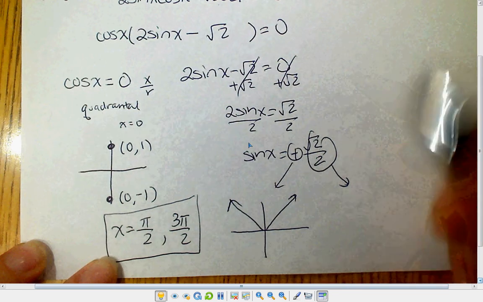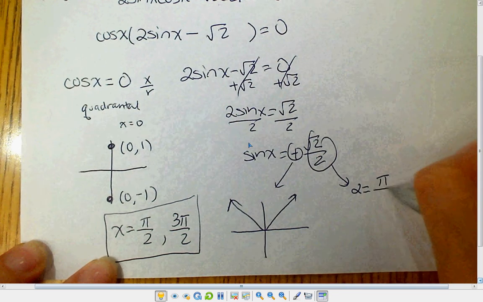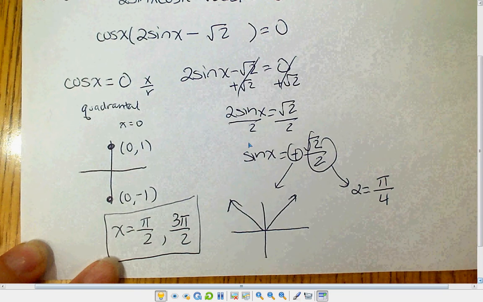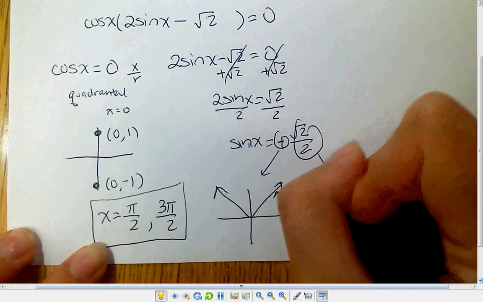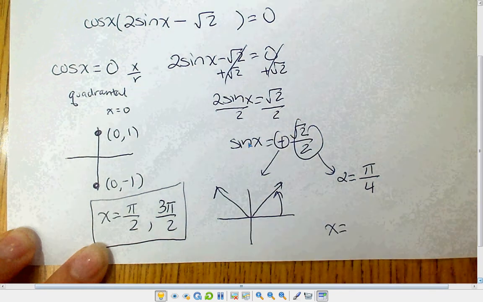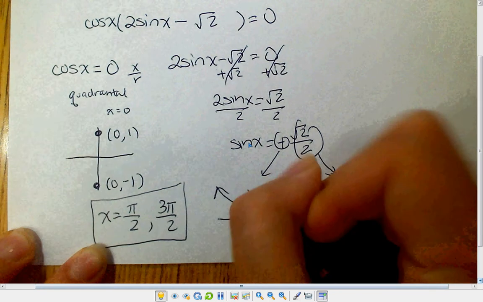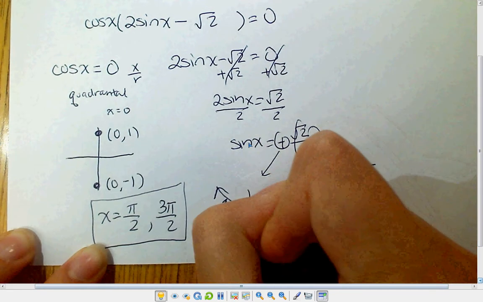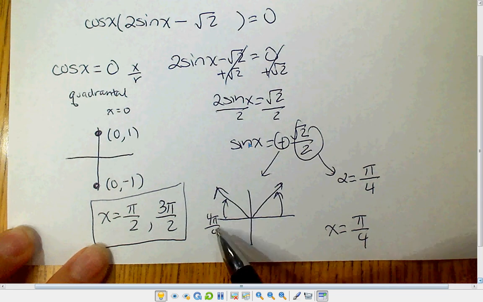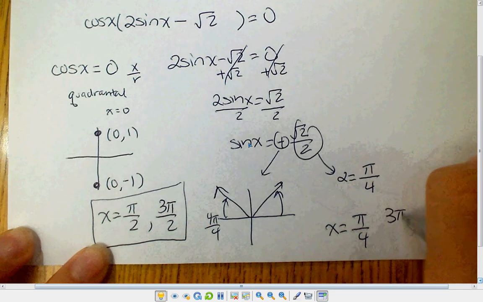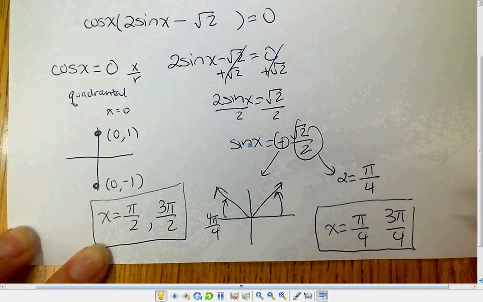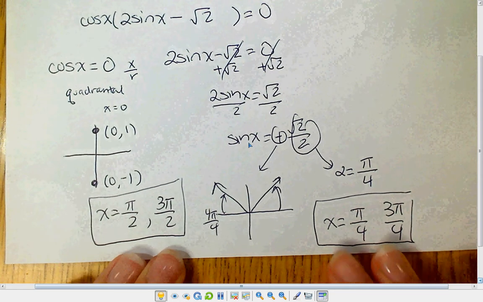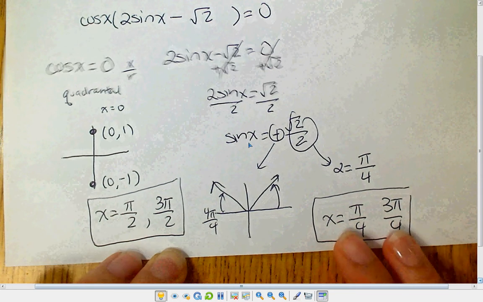Sine is root 2 over 2 when your reference angle alpha is pi over 4. In the first quadrant, we just add pi over 4 to 0, which leaves us pi over 4. In the second quadrant, this is again 4 pi over 4, and we're subtracting, so that gives us 3 pi over 4. So for this problem, here are our answers. We have 4 different answers for problem number 2.